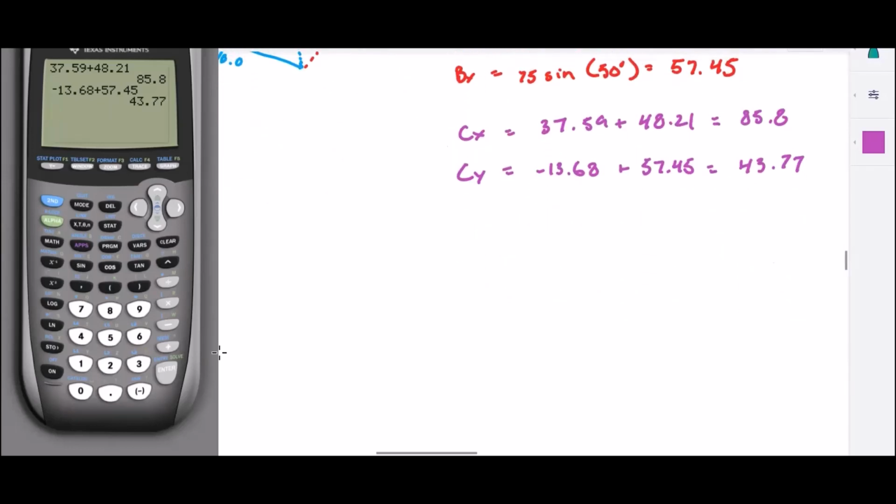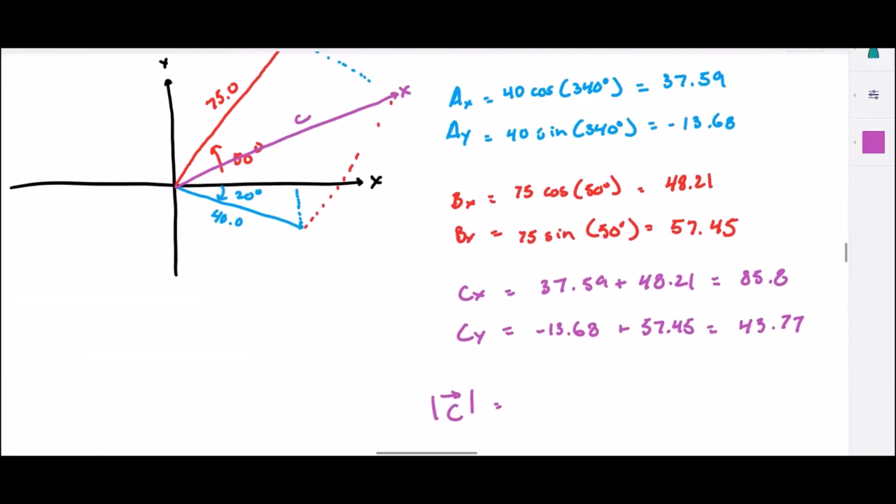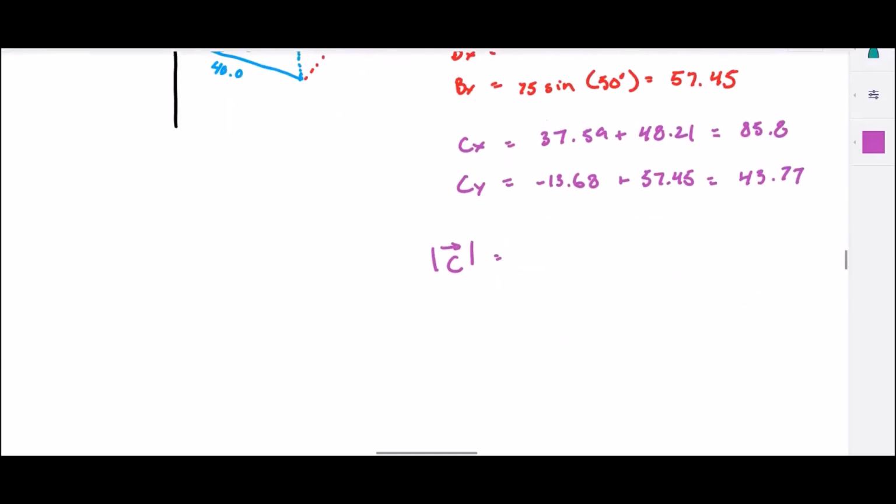I can use this to find both its magnitude and its direction. Let's first find the magnitude. And this is essentially just the distance formula. Since I know that the origin of C is at the origin, 0, 0, and this point is 85.8 and 43.77, to find the magnitude I just have to do 85.8 squared plus 43.77 squared, the square root of that.